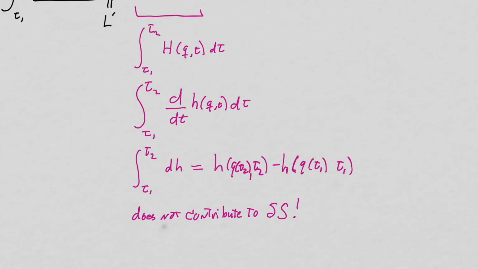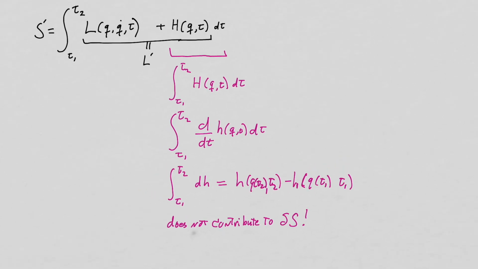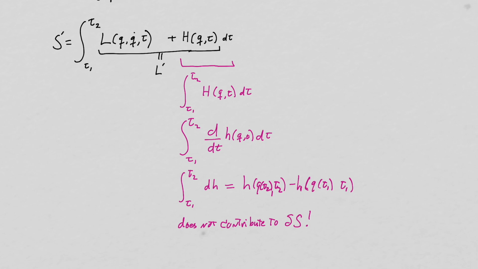The point is that these two things are numbers. And you'll notice that if I varied the action, the only way q shows up in here is through q-hat of t2 and q-hat of t1, if we did a variation of q.